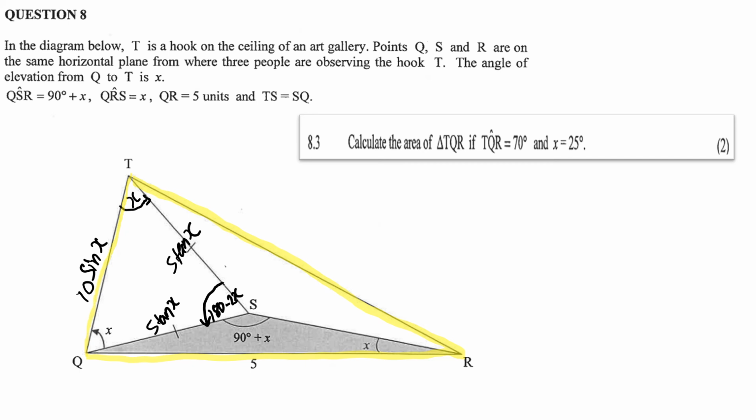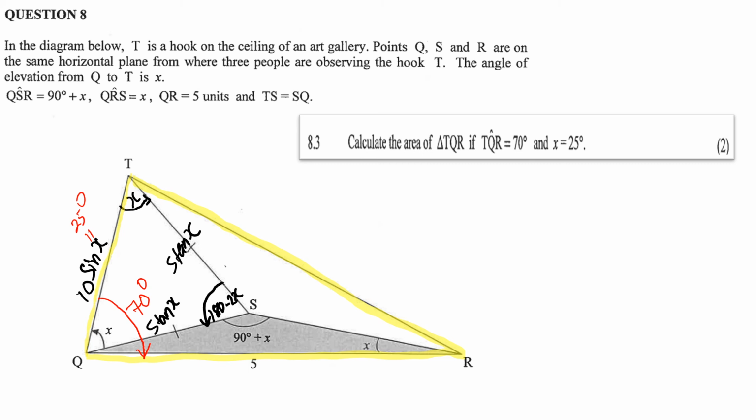If angle TQR is 70 degrees, so we are given the angle there. So this angle is 70 degrees, and x is equal to 25 degrees, right? We are also given x there, which is 25 degrees. They want us to get the area of the bigger triangle.